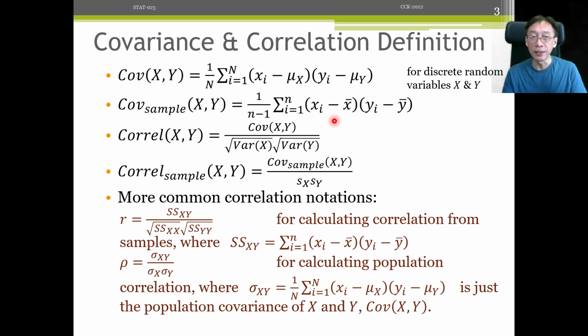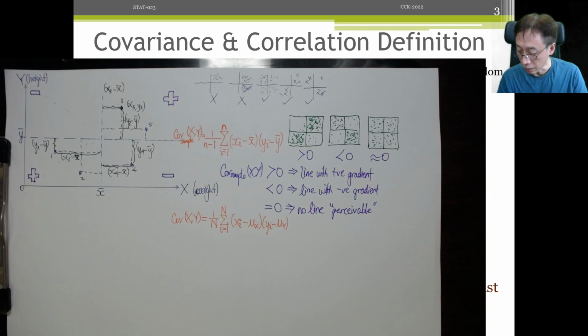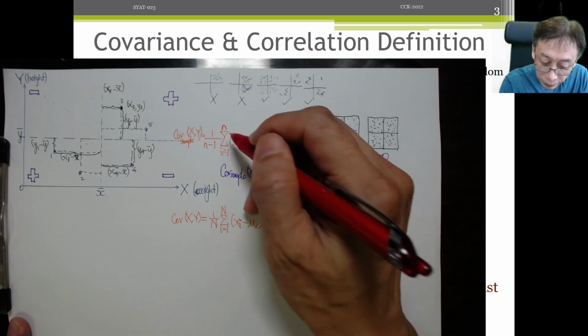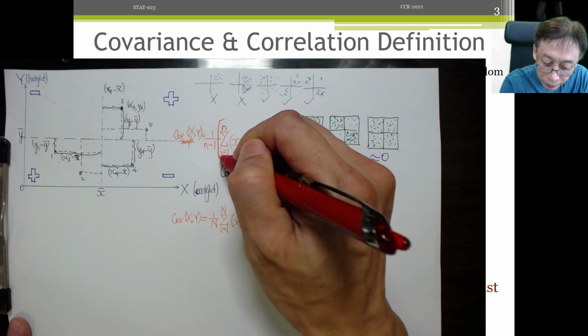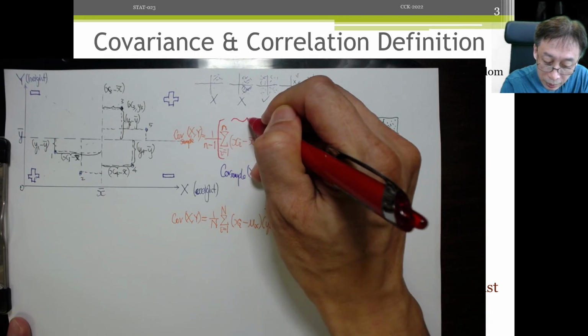So once we define this, we get covariance. And if I may just switch back to the hand-drawn figure, all right, so this is it, right? And at times, we define this guy here as SSXY.